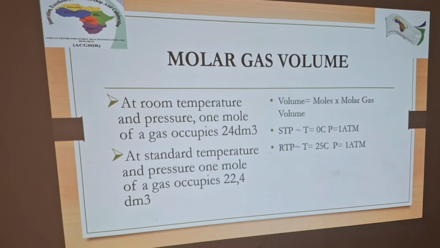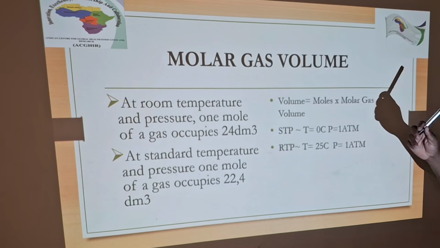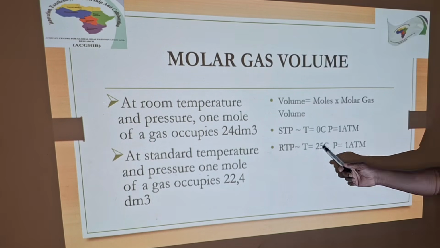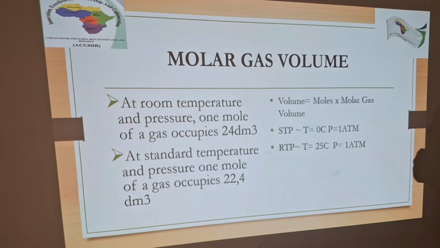It's also important for us to state the standard temperature and pressure conditions. For standard temperature and pressure, we've got a temperature of 0 degrees Celsius and a pressure of 1 atmosphere. For room temperature and pressure, we've got a temperature of 25 degrees Celsius and a pressure of 1 atmosphere.